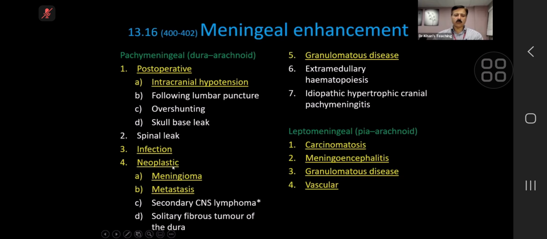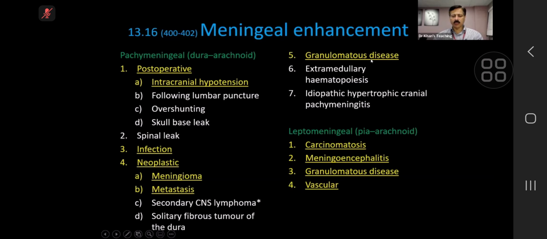If you see here, neoplasia, metastasis. Metastasis is very important. So we call it leptomeningeal carcinomatosis, or pachymeningeal carcinomatosis, where it can occur with pachymeninges and it can occur with leptomeninges. Granulomatous diseases are extremely important, and they have come in the exam more often than anything else.